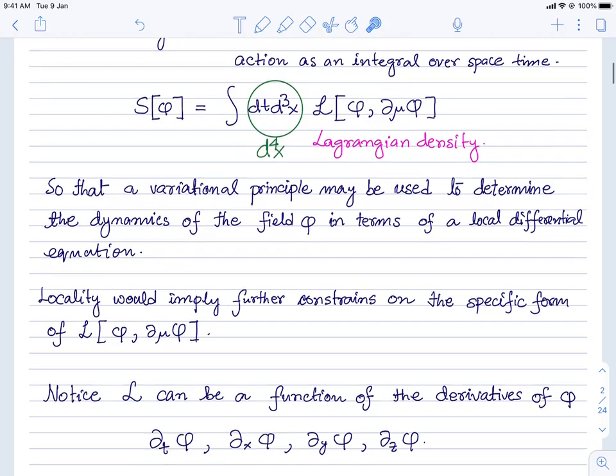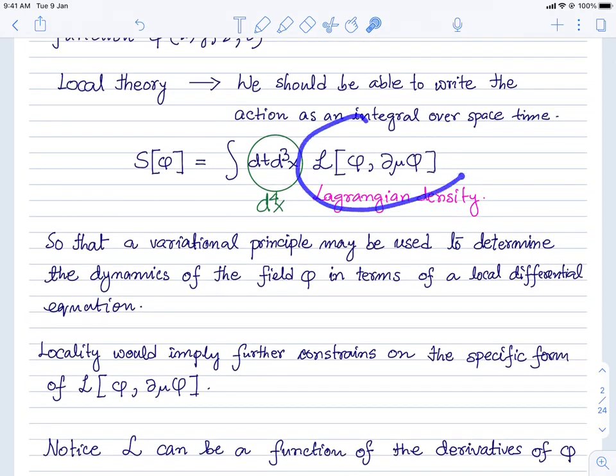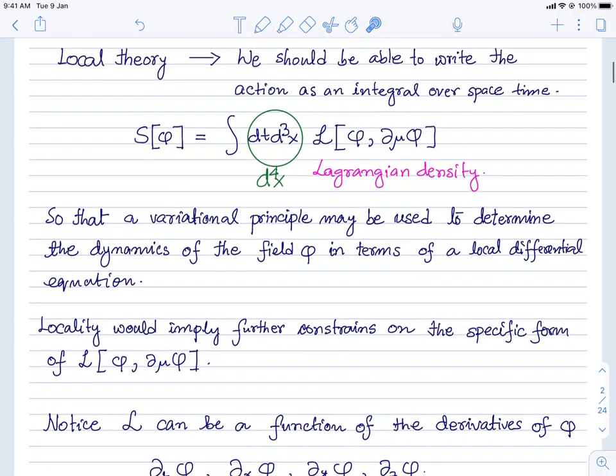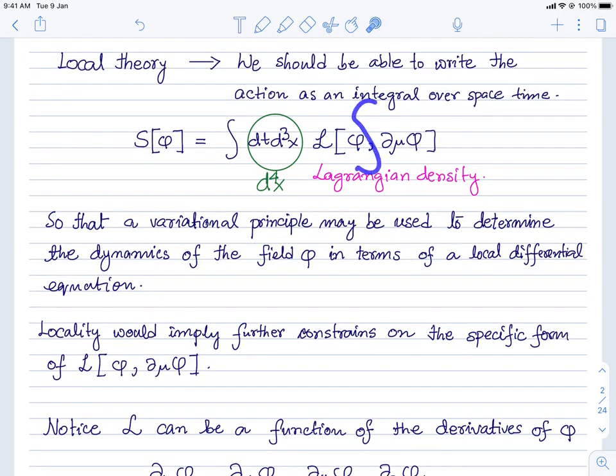So it's not that as soon as we write down a Lagrangian density, we have a local theory. That may not be the case. We have to be slightly careful about what we are writing here. For instance, there can be further integrals in this Lagrangian density, which will clearly make things non-local. That's what I have in mind.